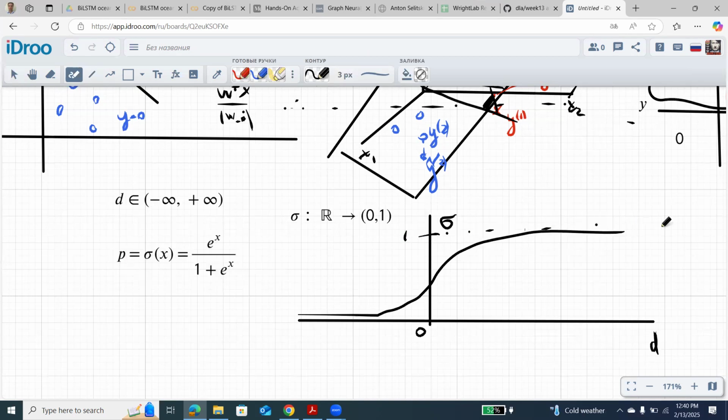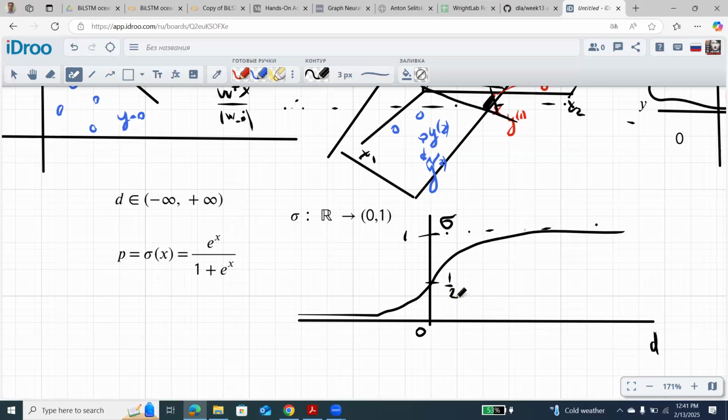You can see that if x is infinity, then the limit will be 1. If x is negative infinity, exponent will be 0, numerator will be 0. If x is 0, what will be the value of sigmoid when x is 0? Can you substitute x? 1/2. So it will be 1/2.